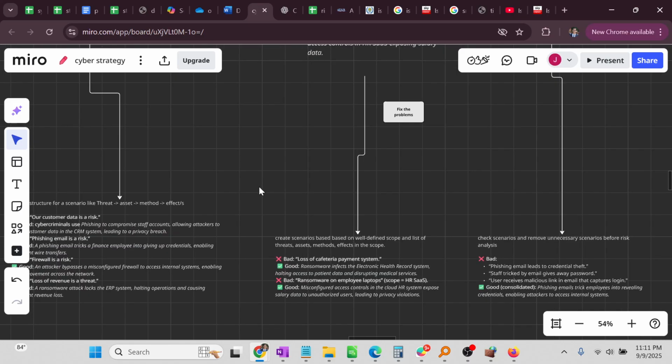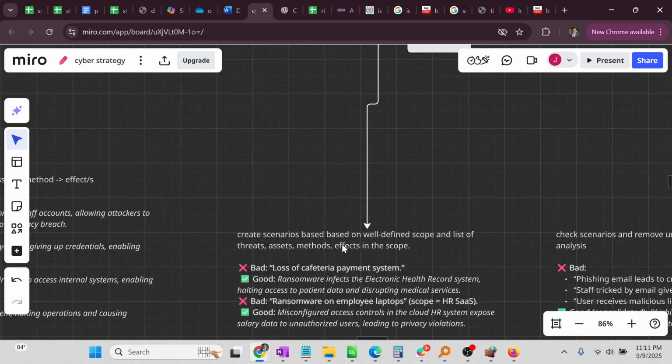Well, in order to make sure that you focus on the relevant scenarios, you need to have a well-defined scope. You need to know what area you are going to focus on, and what type of effects you are going to focus on. Another thing I think would be very useful is a list of threats, assets, methods, and effects in the scope.